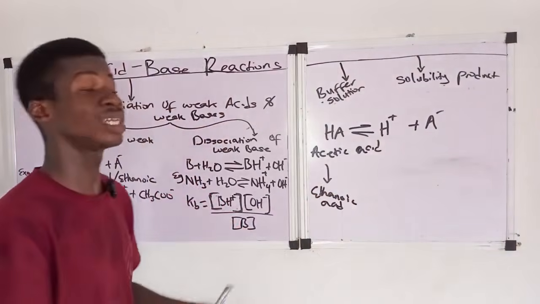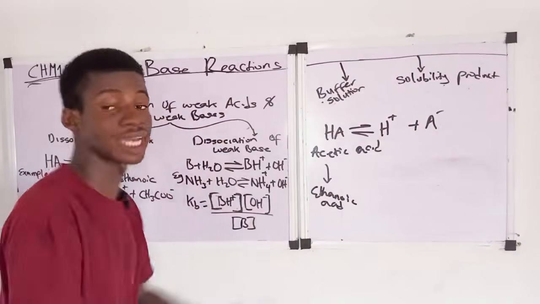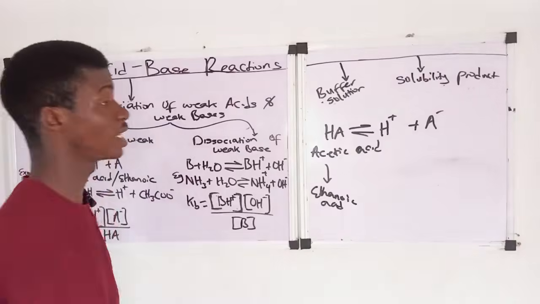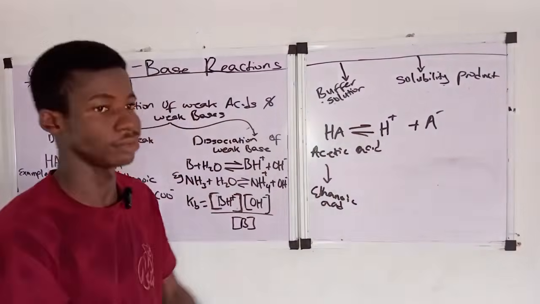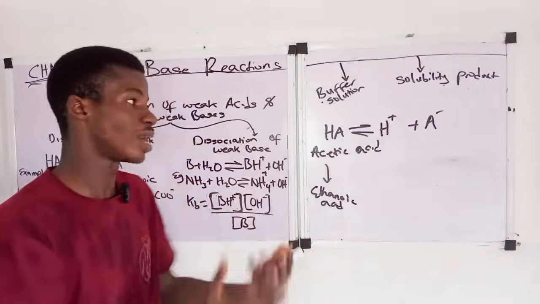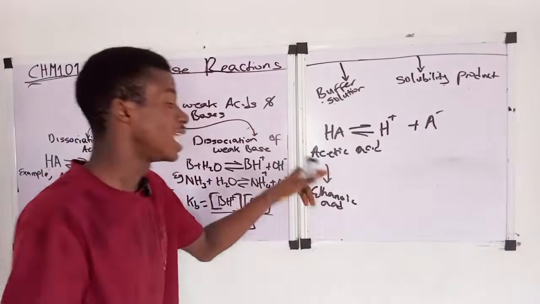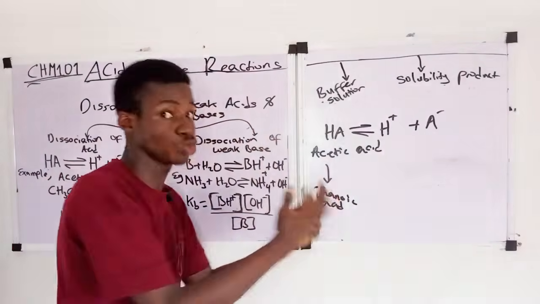Ethanoic acid or acetic acid is an example of a weak acid. Weak acids don't completely dissociate in water into hydrogen ion. Acetic acid and ethanoic acid are the same thing.